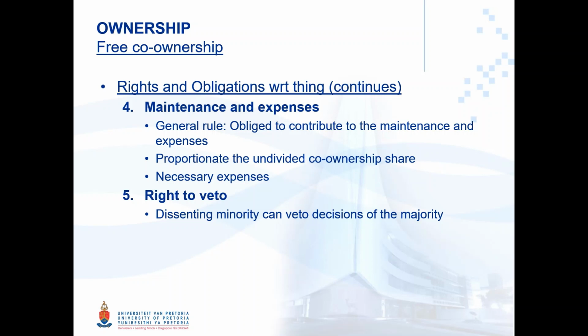To illustrate an example of this right to veto and a co-owner trying to enforce this right to veto, although in this case this enforcement failed, we saw this also in the case of Erasmus versus Afrikaner, where the applicant tried to argue that if the other co-owner wanted to mine the coal, he first had to obtain consent from him as the other co-owner before he can use and enjoy the property, so mine the coal.